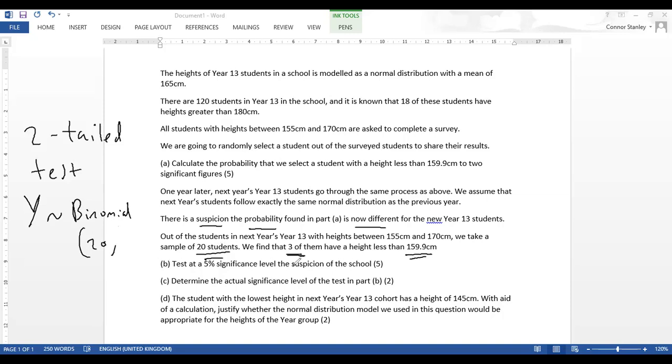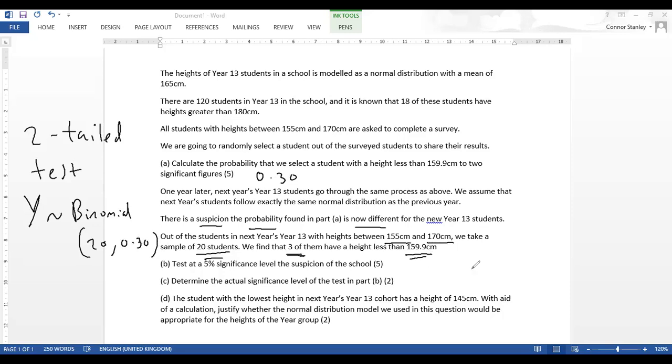So what's the probability? Again, same process as before. We got this survey, and only heights between 155 and 170 are allowed. What's the probability of success of picking someone with a height less than 159.9 centimeters? It's what we calculated before, wasn't it? It was the part A answer, which was 0.30. So that's going to be our probability of success there, 0.30.